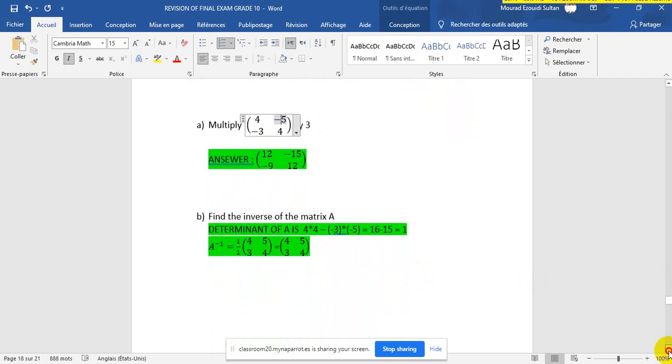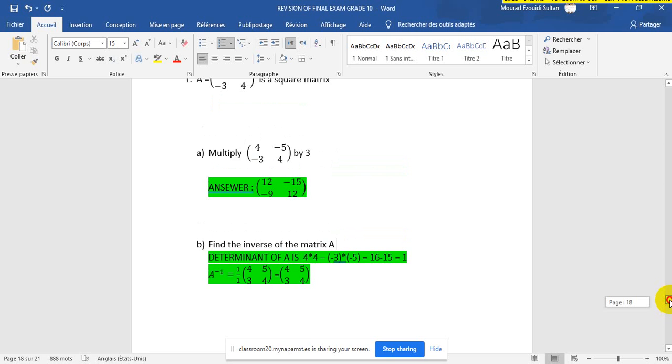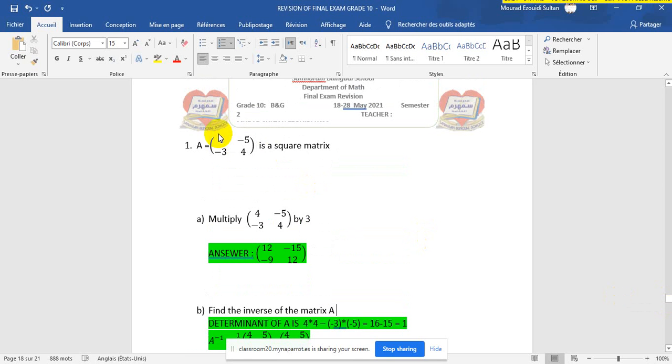Okay, the next question. Find the inverse of the matrix. First of all, you should find what? The determinant of A. The determinant is what? You can go back to the matrix. The determinant, you will multiply 4 by 4 is 16 minus 3 multiplied by minus 5. 16 minus 15 is 1.